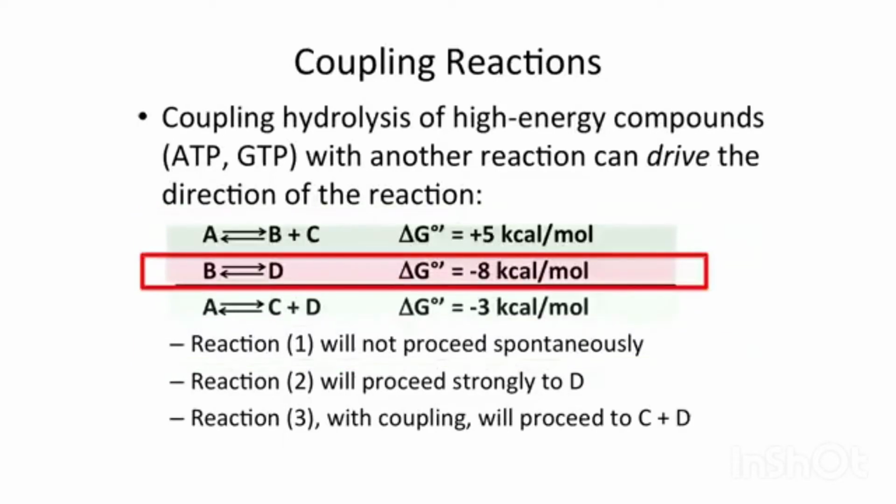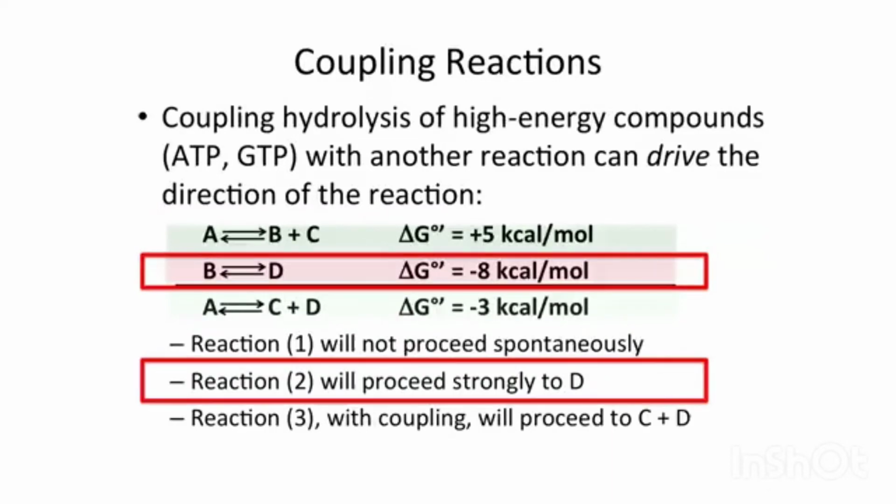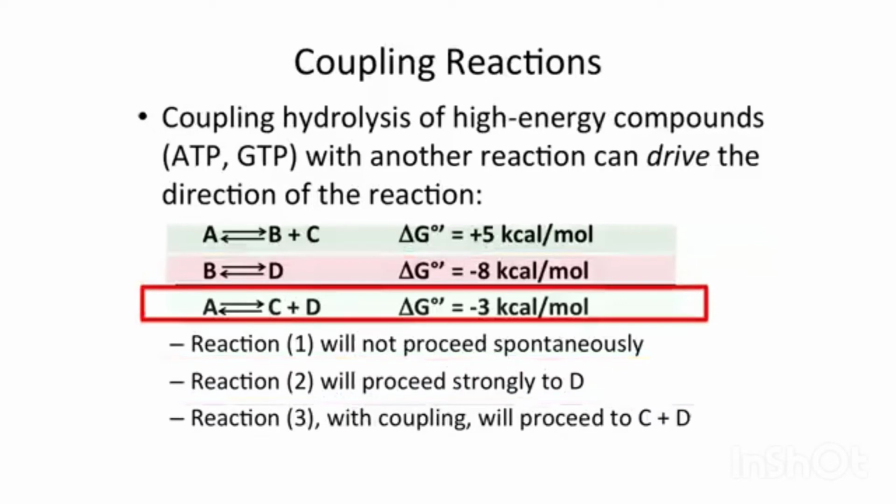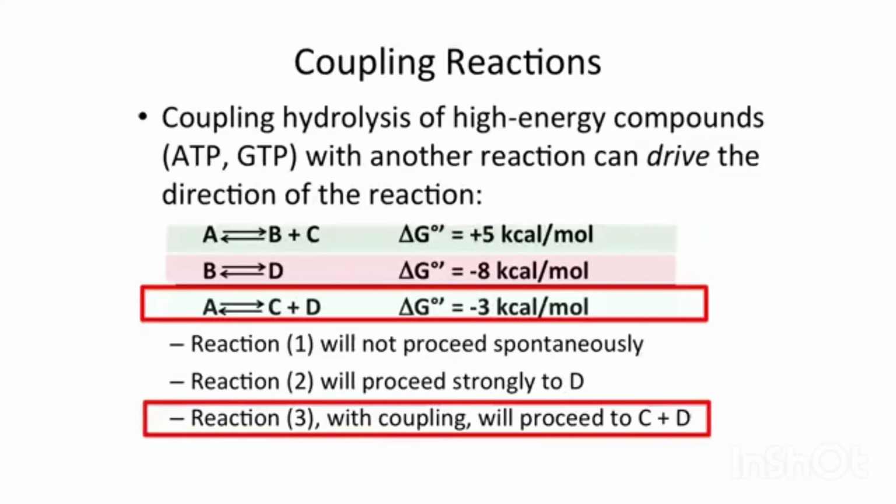If we have B going to D and we have a minus 8 kilocalorie per mole release of energy, reaction 2 will proceed strongly to D. And if we add these together and get reaction 3 of A goes to C plus D, and B is produced and then used in the series, with coupling reaction 3, A will proceed to C plus D.